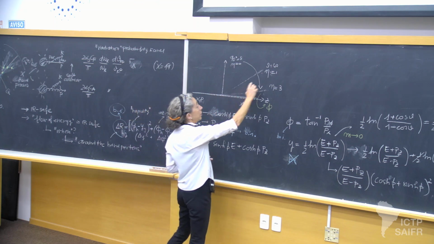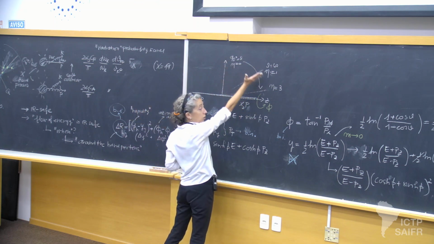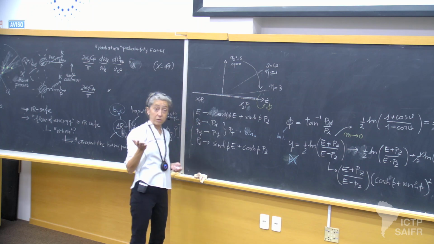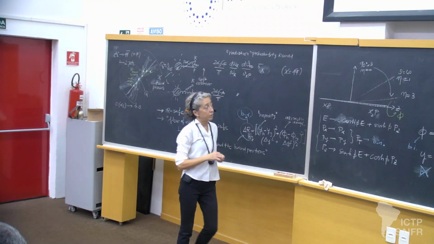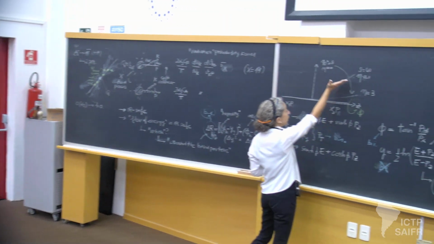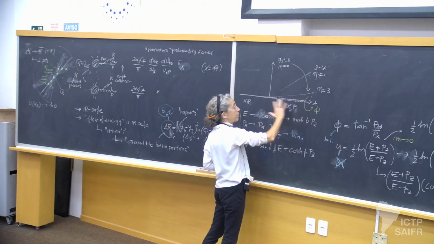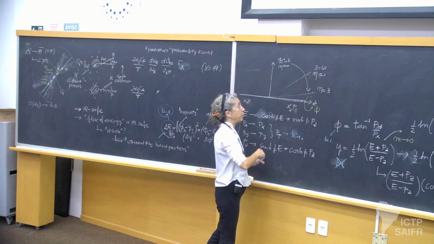Most of the time, you limit yourself to a region that is more or less here, that is quite transverse. So a region in which you can really see the shape of things away from all the mess that is going on in the beam direction.